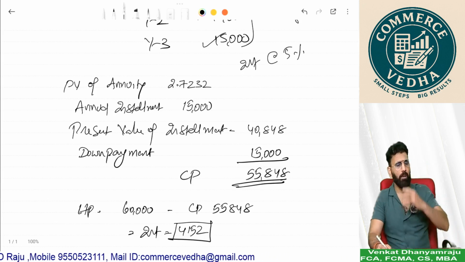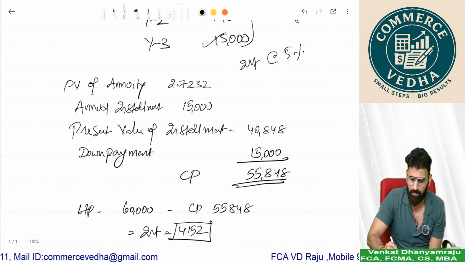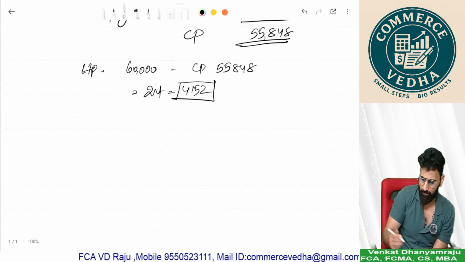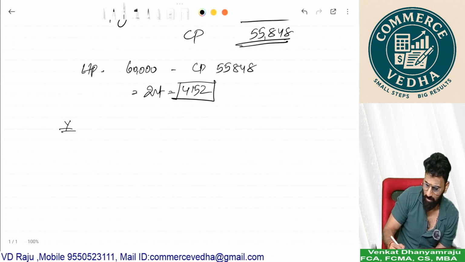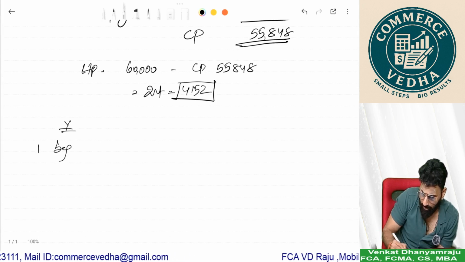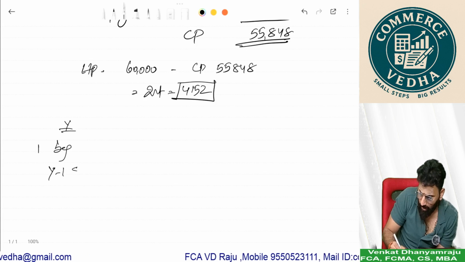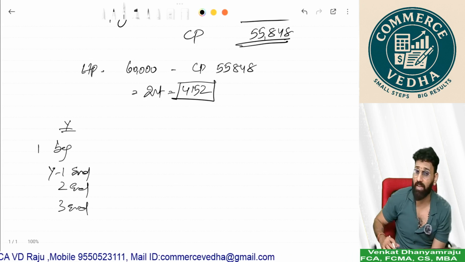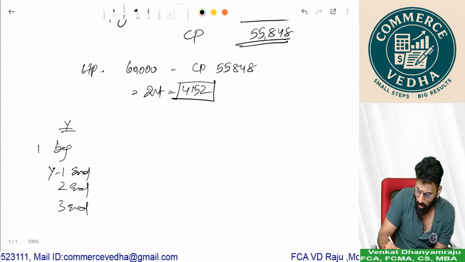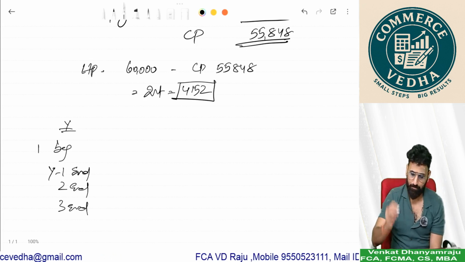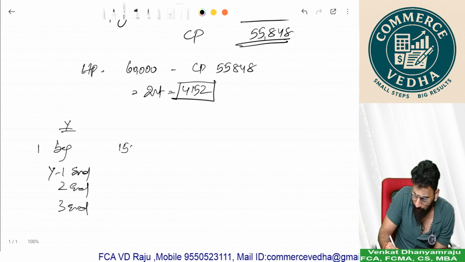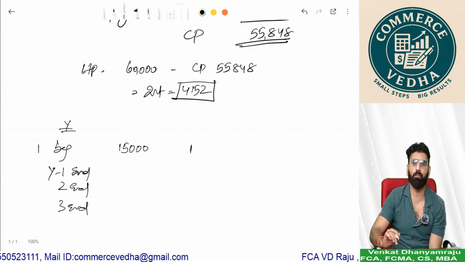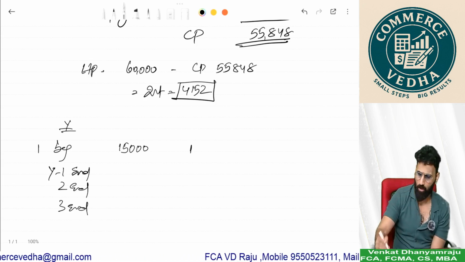But you might have many doubts: sir, why did I multiply with this? Right, let us solve it by doing the simple math. Year beginning, year 1 beginning, and then year 1 end, year 2 end, year 3 end, because at the end is when we pay. Now at the beginning I paid 15,000 down payment, which equals 1 rupee, because today whatever money I pay equals 1 rupee only.